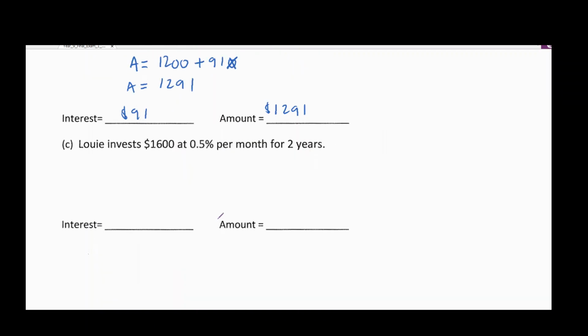Louis invests 1,600. So our interest equals 1,600 times by 0.5% per month. Now this needs to be per year or per annum. So 0.5 times 12, because there's 12 months in a year, times by 2.